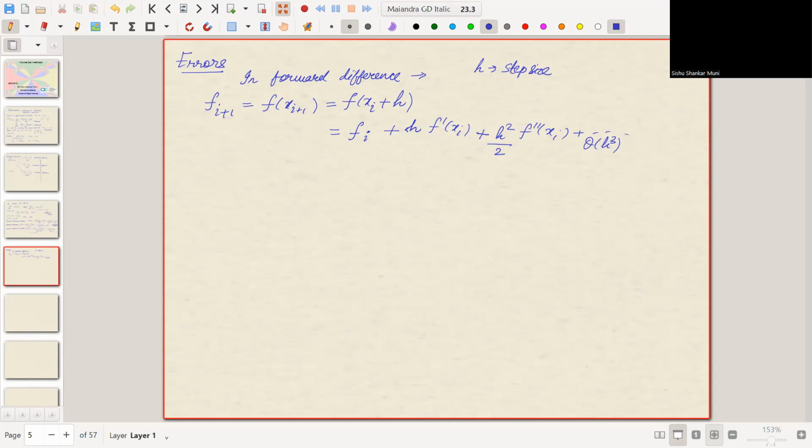In order to find f dash of x i, we need to ignore these terms, isn't it? Then you can see that f dash of x i on the right hand side can be written as f of i plus 1 minus f of i by h.